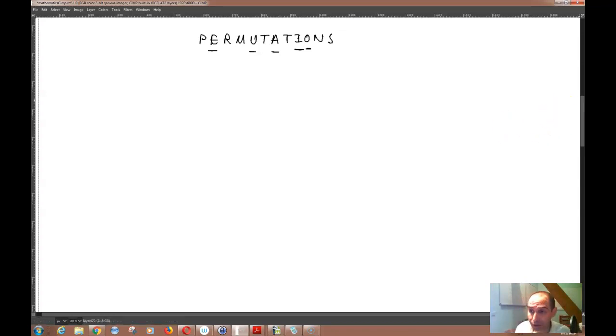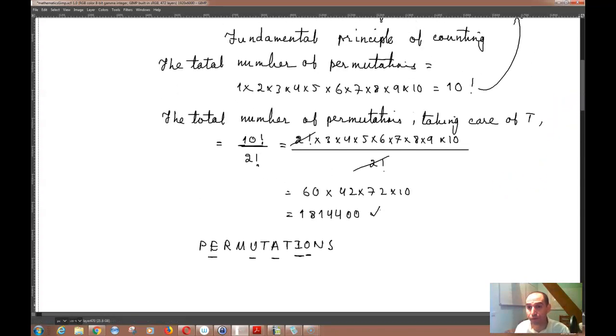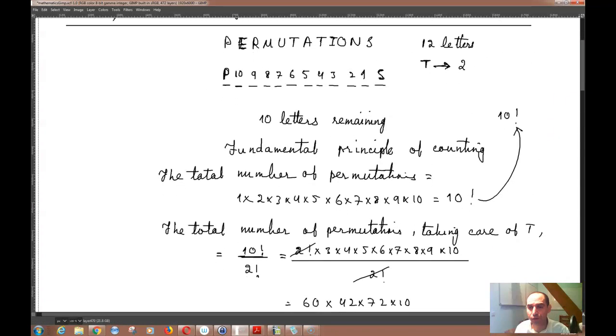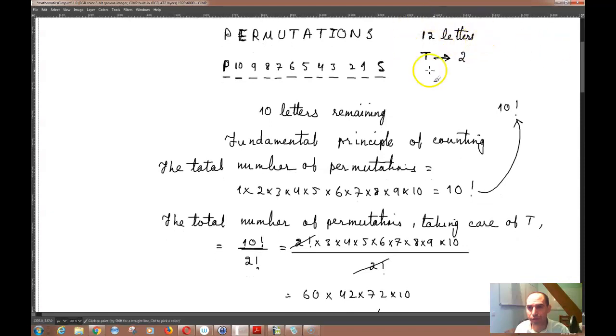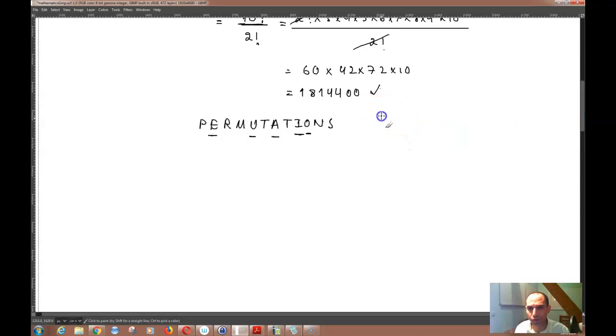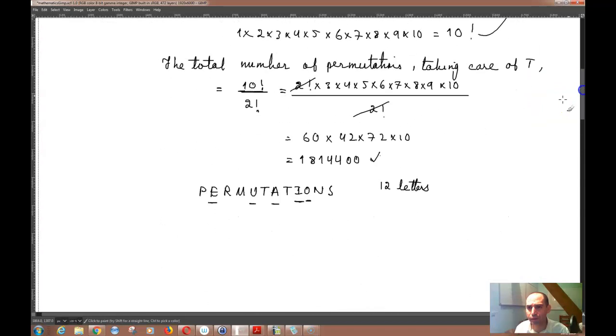So we said that in this word we had 12 letters, T occurring 2 times.